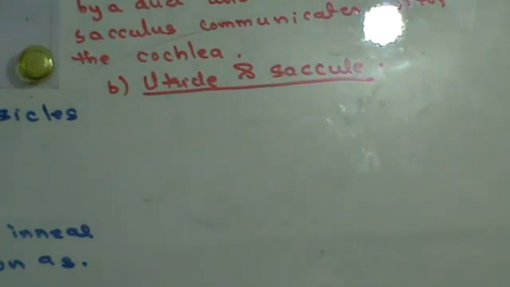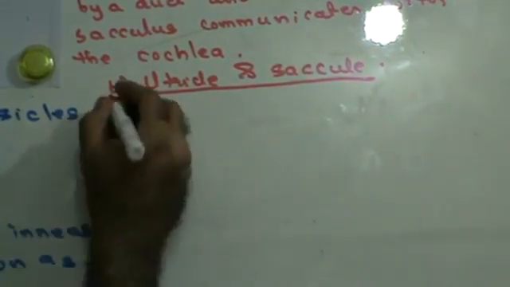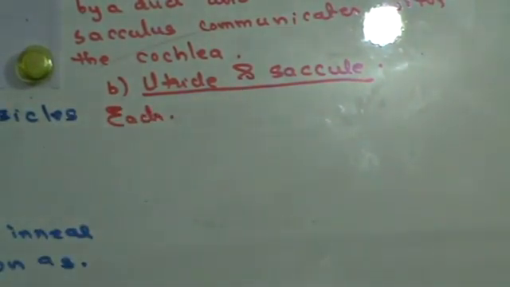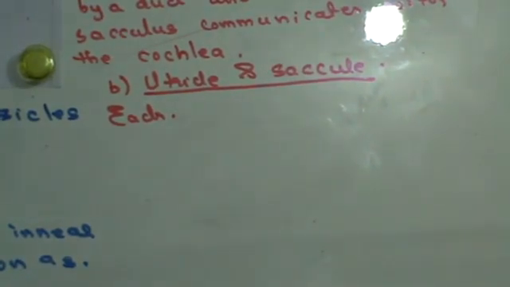Now what are these? Each utricle and saccule has a small thickened region called the macula. These are your end parts of the C-shaped canal. The swollen part has to connect with something. So next to the swollen part is the utricle, after that is the saccule. The saccule then communicates with the cochlea.